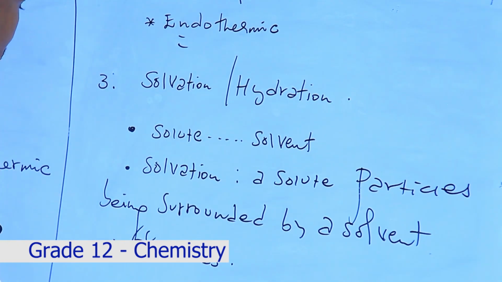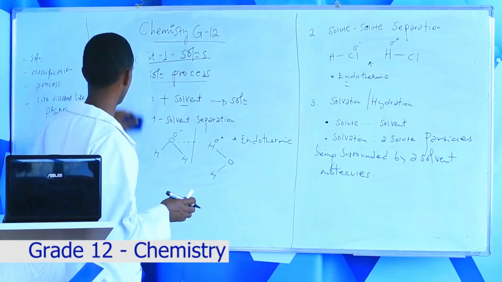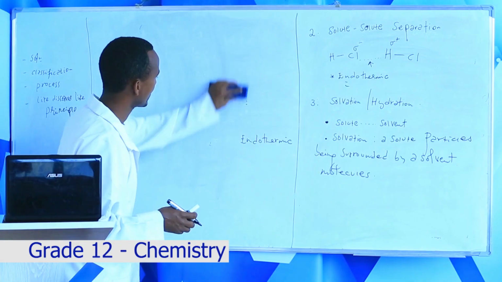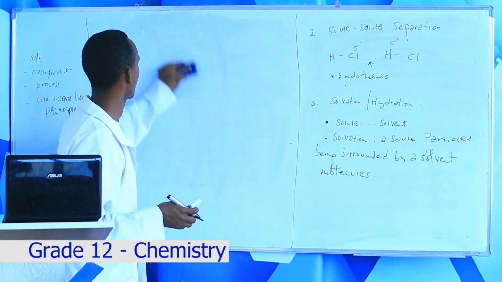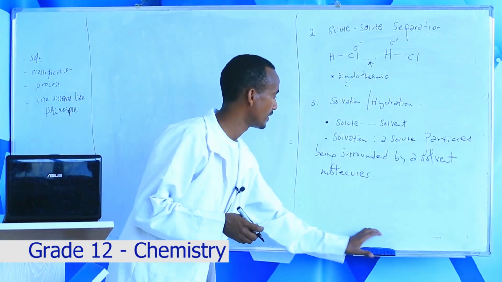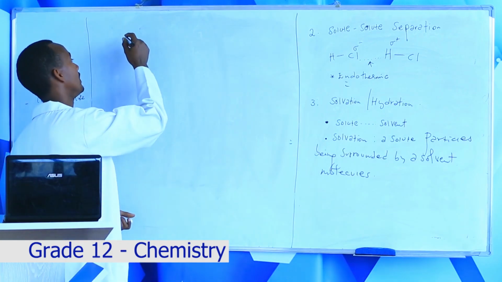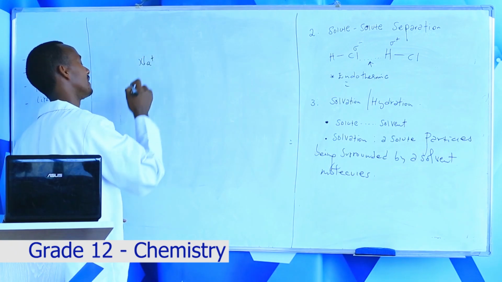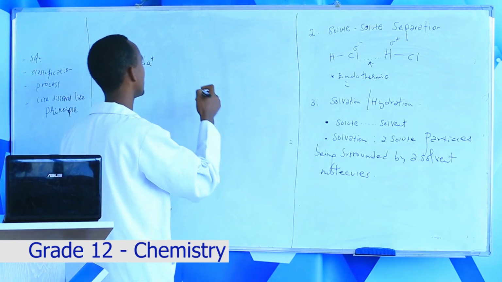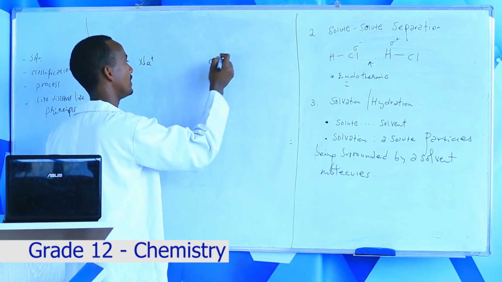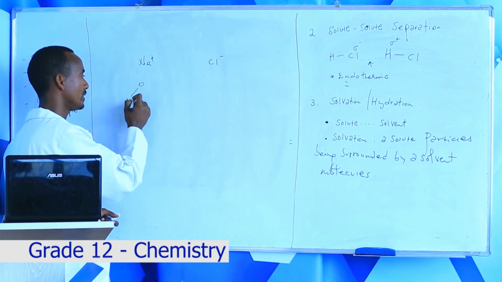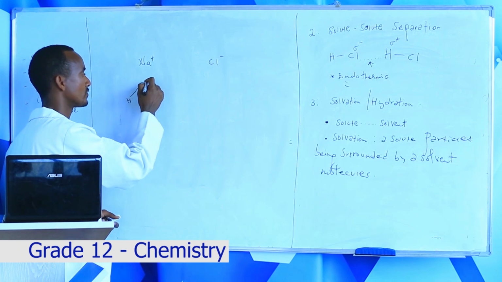So take the solution of sodium chloride salt in water. See the following figure. When sodium chloride salt is dissolved in water, during the solvation or hydration stage, the water molecules will surround the particles of the solute.